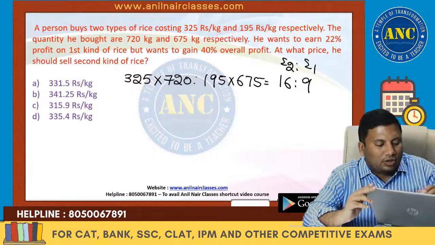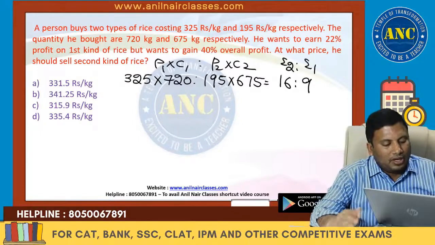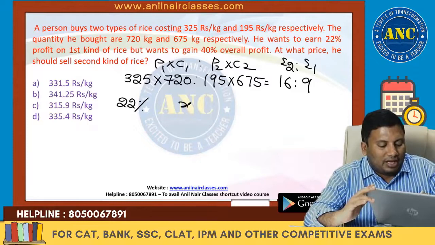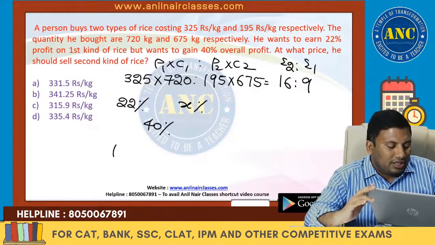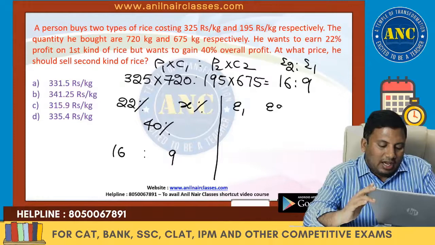E1 is to E2 ratio. These are price into consumption, P1 into C1, P2 into C2. The first one he sold at 22% profit. Second one we don't know. Overall it is 40. This is nothing but 16 is to 9. So here I am using the concept of allegation.